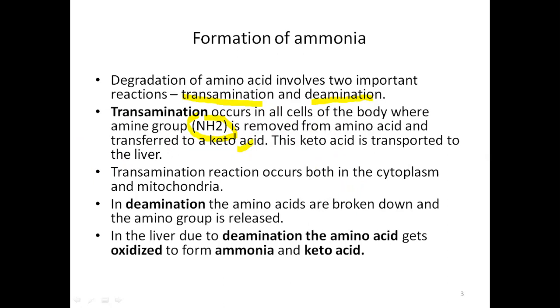Because of this transfer process, we term it a transamination reaction. Through this keto acid, the amine group is transported to the liver, and in the liver, the keto acid undergoes oxidative deamination, resulting in the formation of ammonia. This is the process through which ammonia is formed in the body.